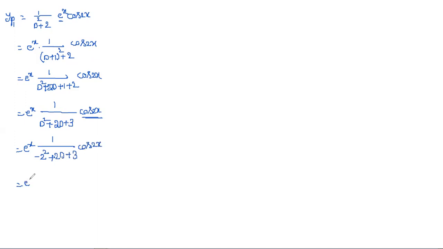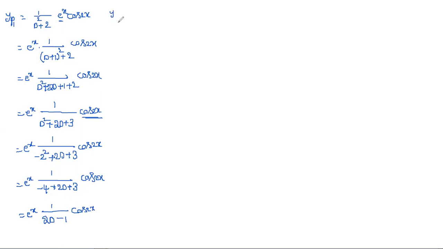So e power x into 1 by, this is minus 4 plus 2D plus 3 into cos 2x. Don't confuse, I already said several times, this minus is different and the square term is different. Then e power x into 1 by 2D minus 4 plus 3, which is minus 1, cos 2x. Those who didn't attend the second and third types can get it here, if you listen carefully.